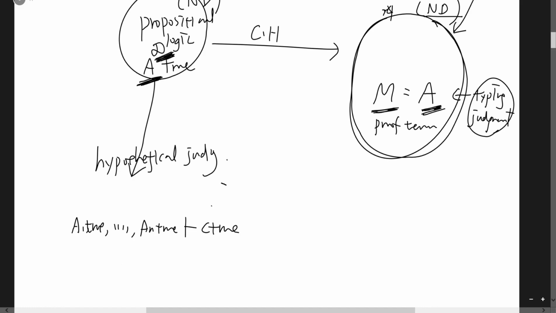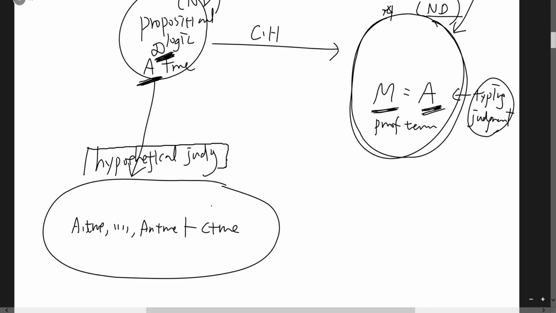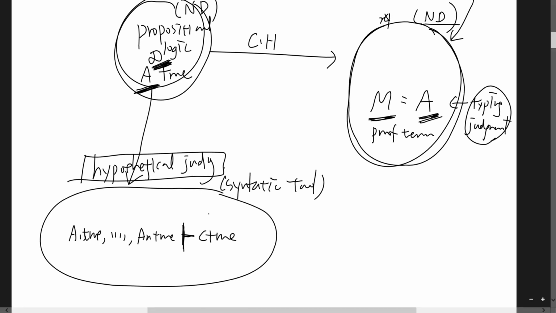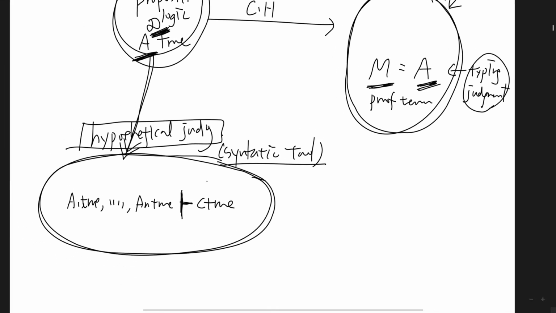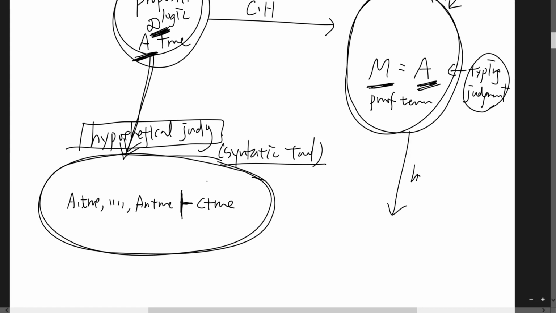Remember that this hypothetical judgment of this form has no new semantic implication. It's just a syntactic tool. It's a syntactic tool developed to facilitate the reasoning in this logic. So it allows us to easily keep track of the scope of every hypothesis. So it is just a syntactic tool, and we were able to derive essentially the same system using natural deduction style.